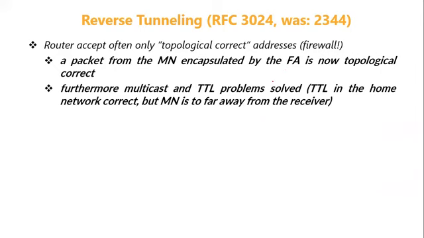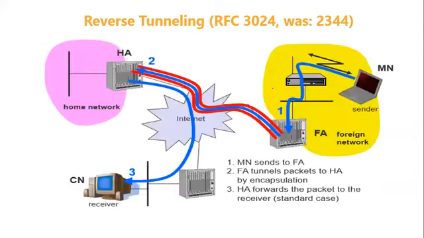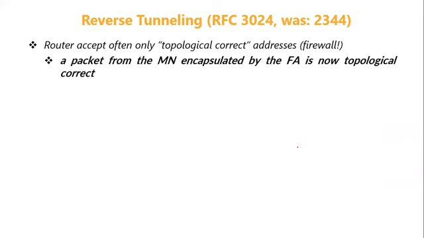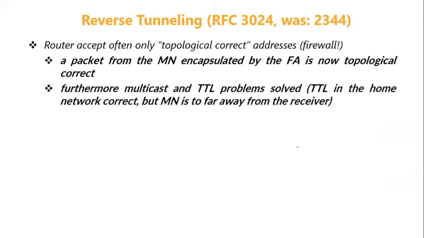Otherwise, it is not a topologically correct IP address. I think you are getting the point. Initially, the source IP address is MN, but when the packet reaches the FA and is encapsulated, the source IP address is FA. So it becomes a topologically correct IP address.